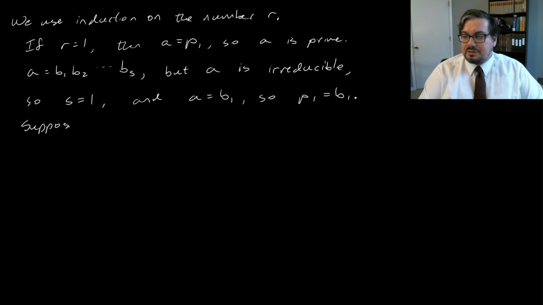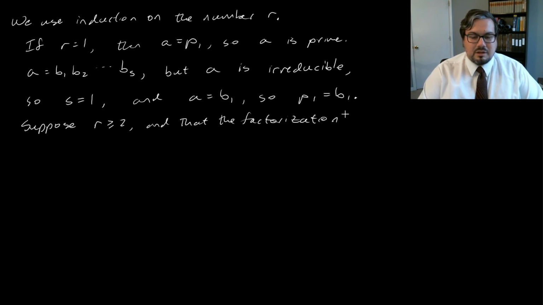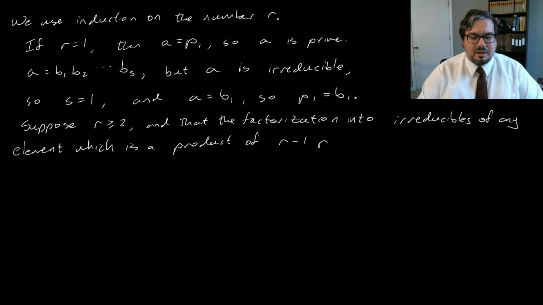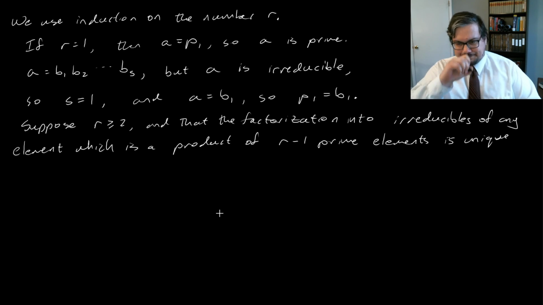So let's suppose that R is greater than or equal to 2, and that the factorization into irreducibles of any element which is a product of R minus 1 prime elements is unique. Where here unique means up to reordering and associates.